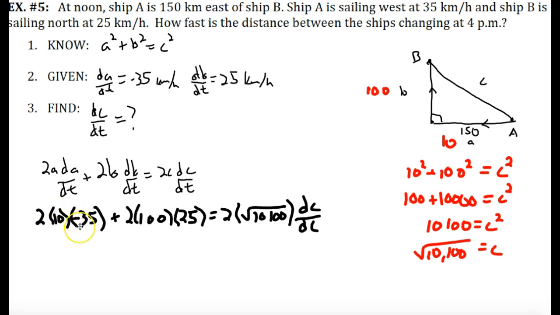20 times negative 35 is negative 700. Plus 200 times 25 is 5,000.